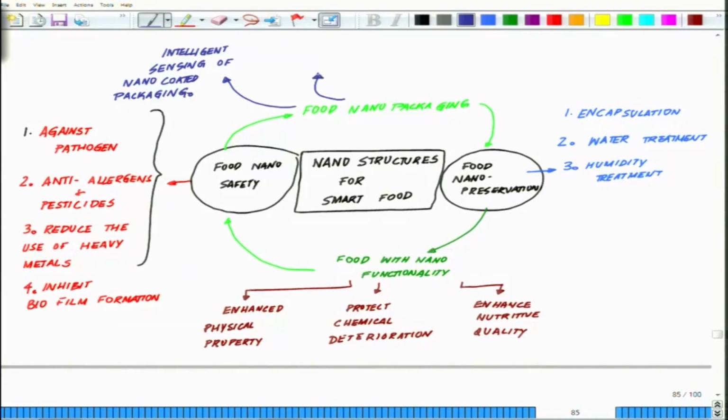Another area is active antimicrobial packaging, and bio-based, eco-friendly, edible packaging.